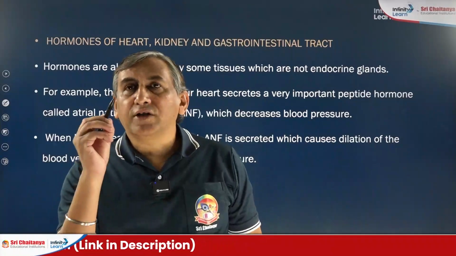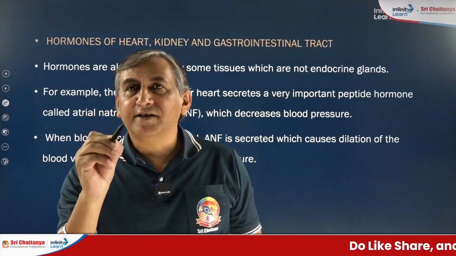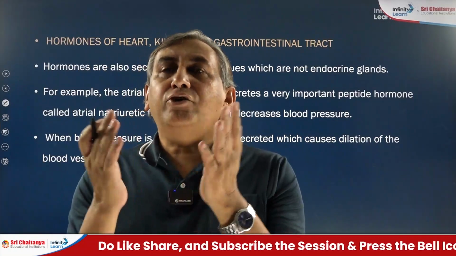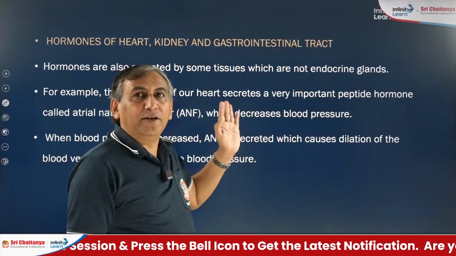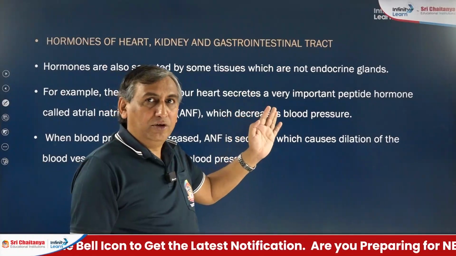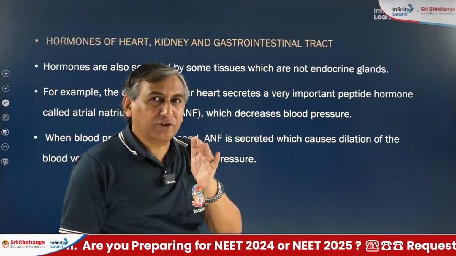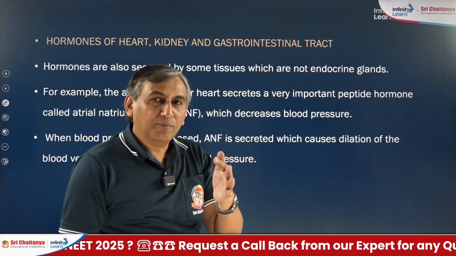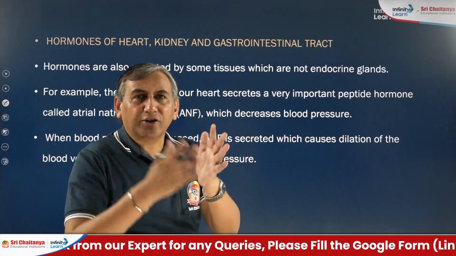Then the testis: the cells of Leydig, the interstitial cells, secrete androgens, and the most important androgen is testosterone. Then the hormones of the ovary, estrogen and progesterone. Try to remember the names, estrogen and progesterone. What is progesterone? The pregnancy hormone. So it will help you to remember the theory.